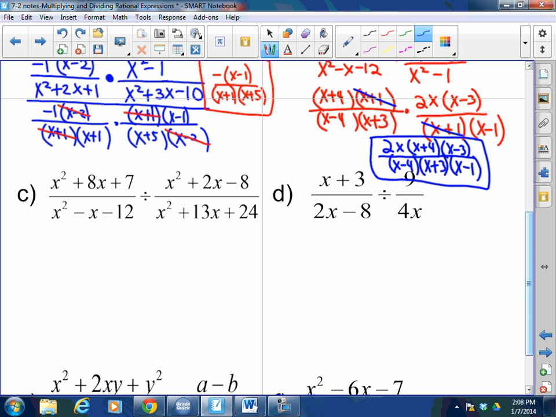All right, first things first, stay, change, flip. So let's stay, change, flip it. Okay, let's factor. What do I got here in my first numerator?